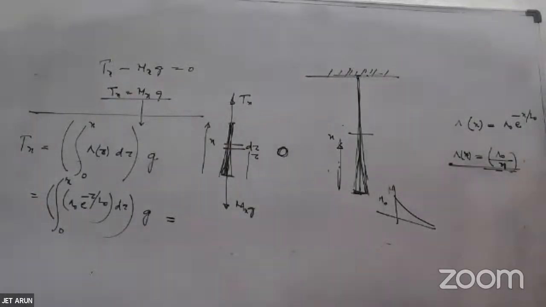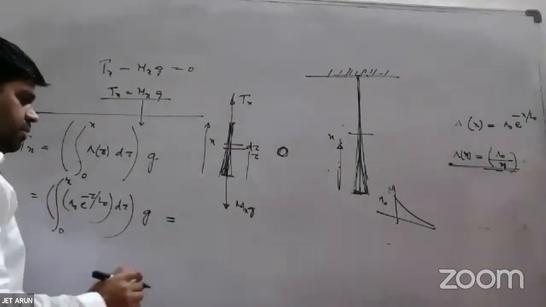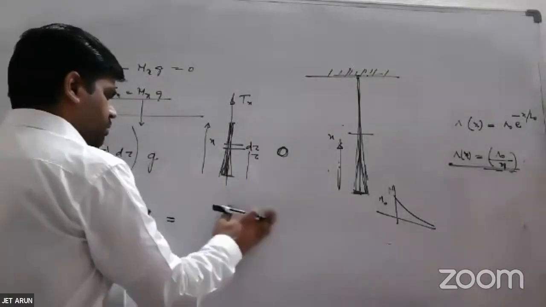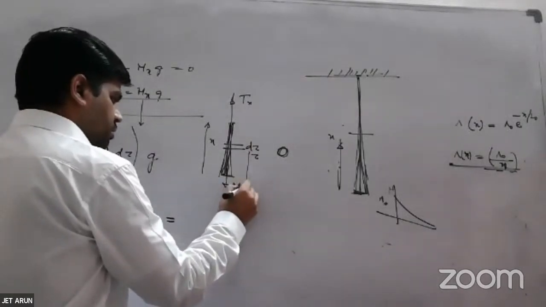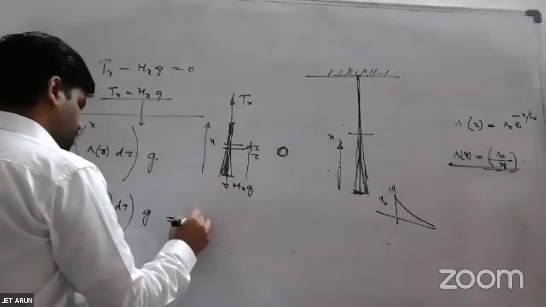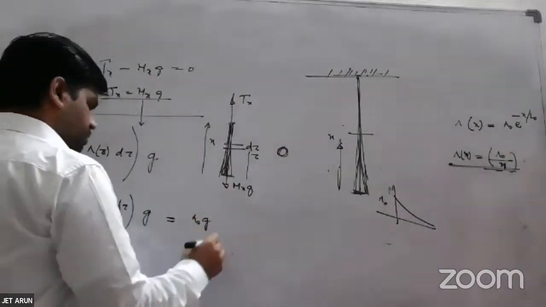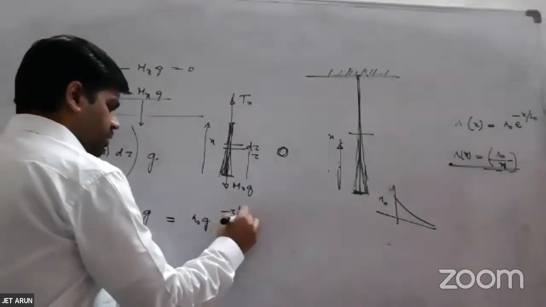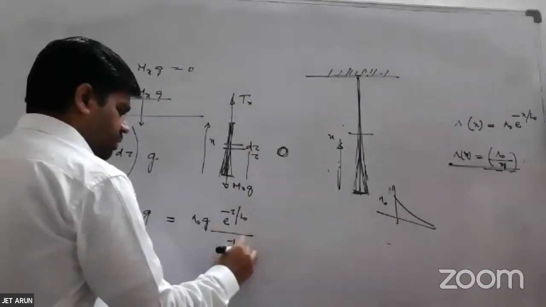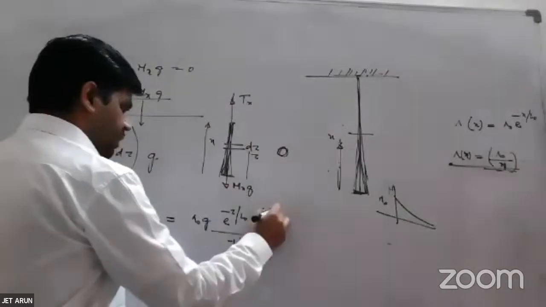All I have to do is integrate this. How do I integrate this? Lambda naught is constant, g is constant. e power minus tau by L naught by minus 1 by L naught under limits 0 to x.